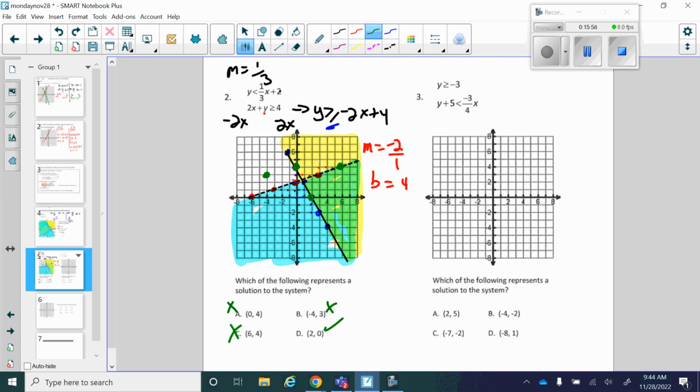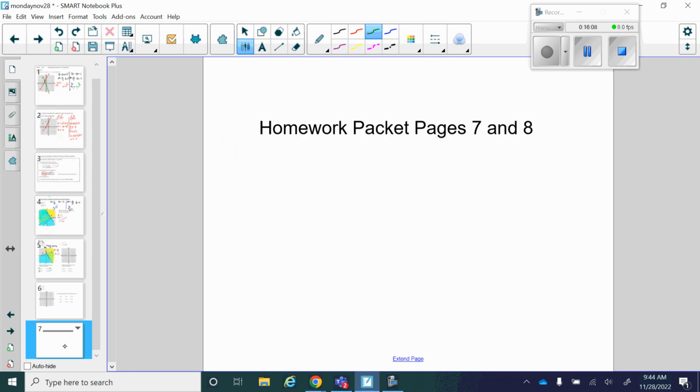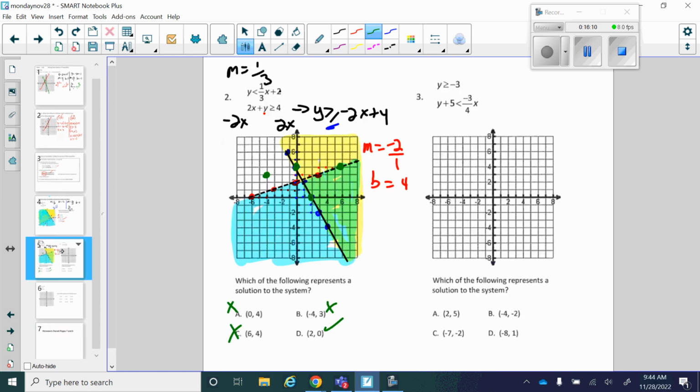All right, and then I want to do number 4, but for number 4, I want to go over number 3 real quick. So in number 3, we have y equals negative 3.